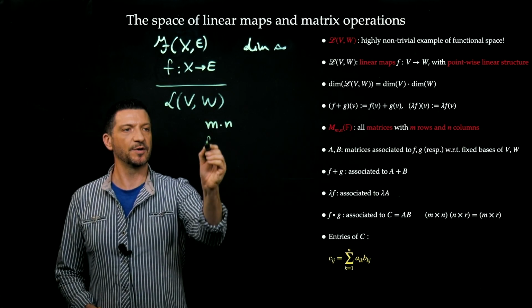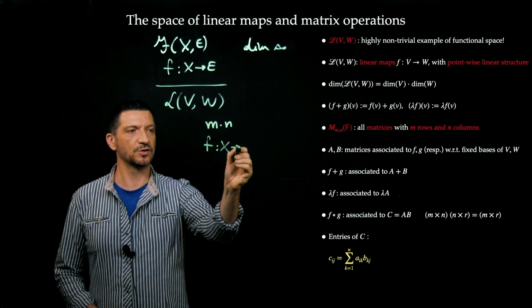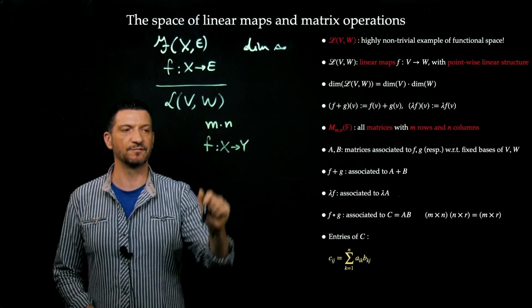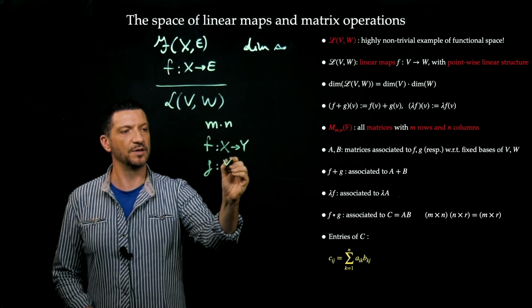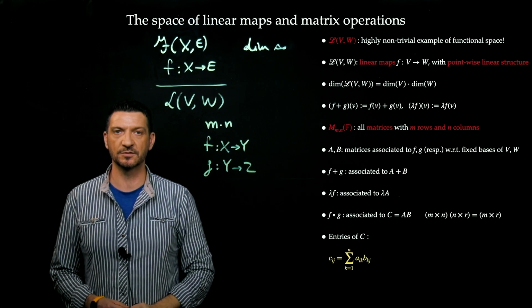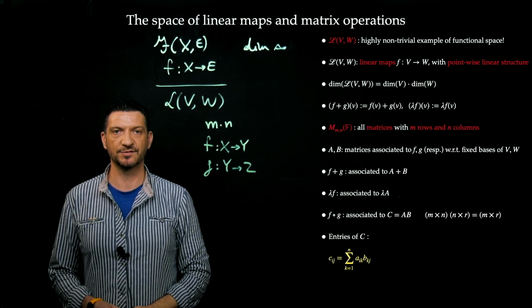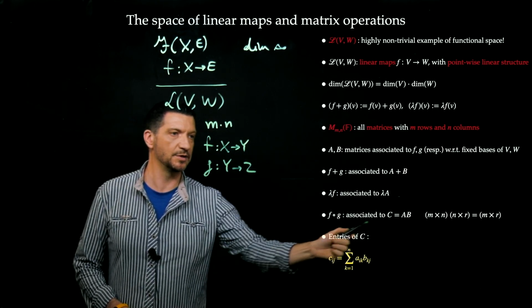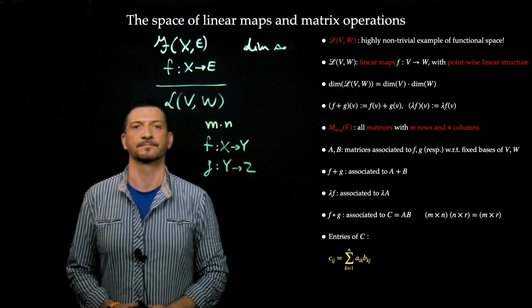Notice that in the same way as we can compose two functions when the image of the first agrees with the domain of the second, we can multiply two matrices if and only if the so-called internal dimensions agree.